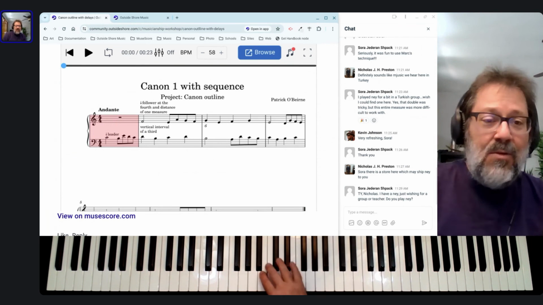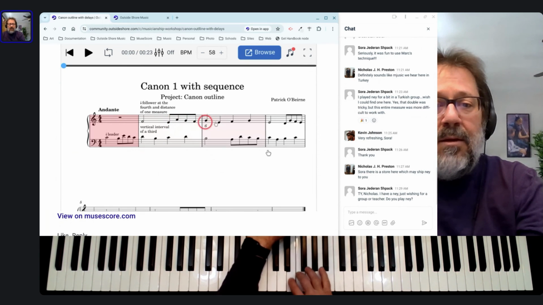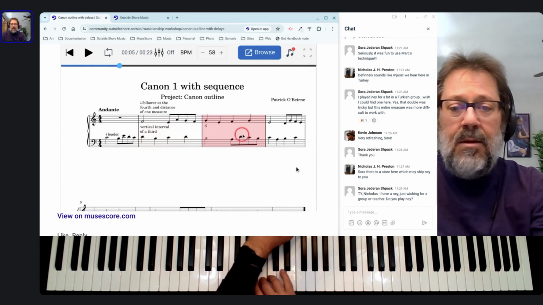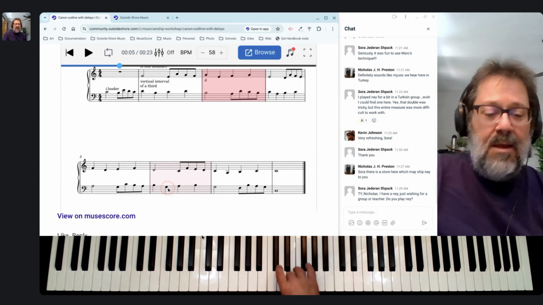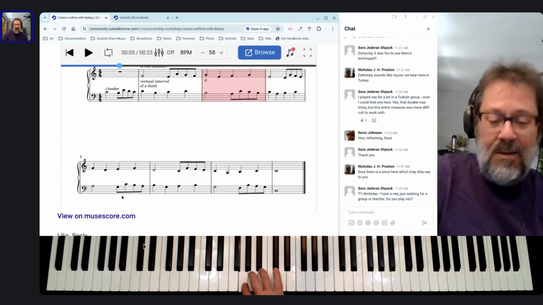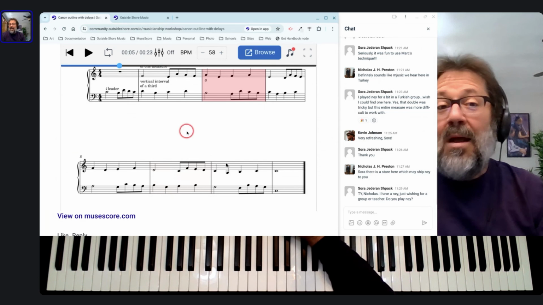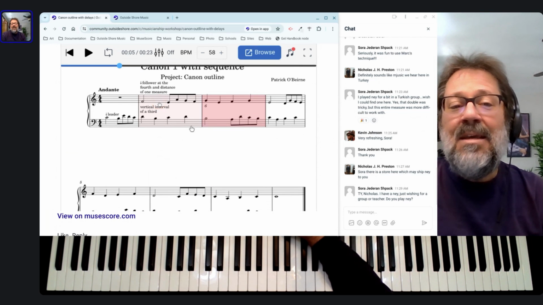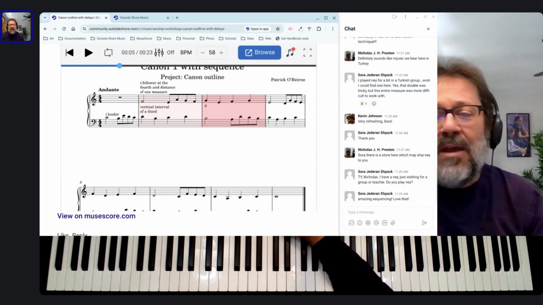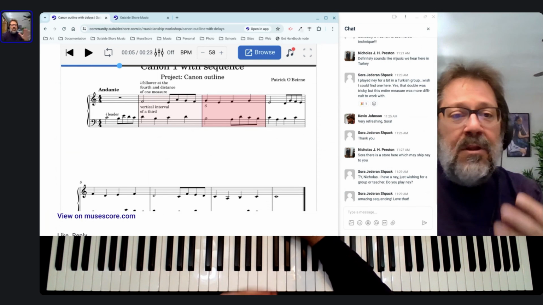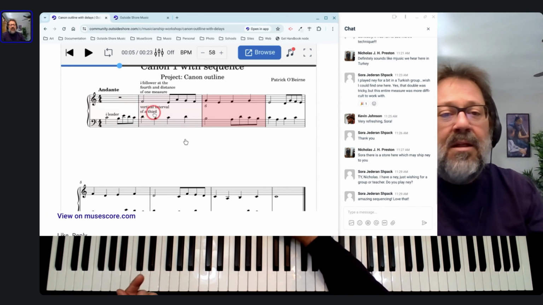And then he breaks it finally. So that idea of explicitly planning to create sequences, that's another thing that the outline gives you, is the ability to notice, as long as your outline follows a pattern, like this one is up a step, then down a third.